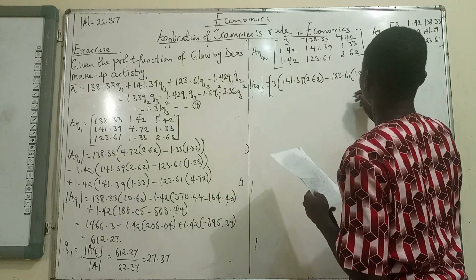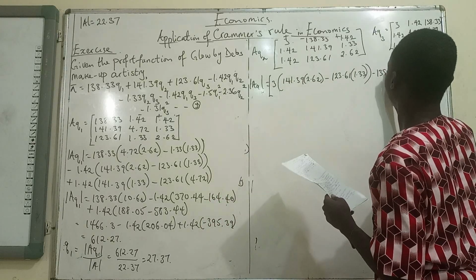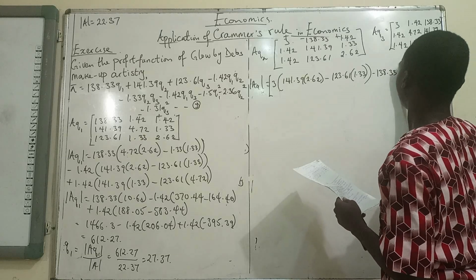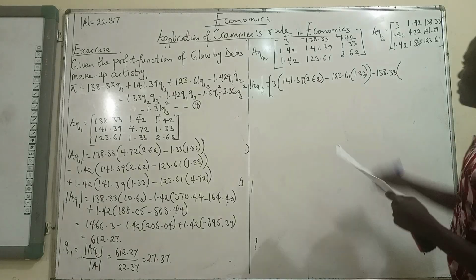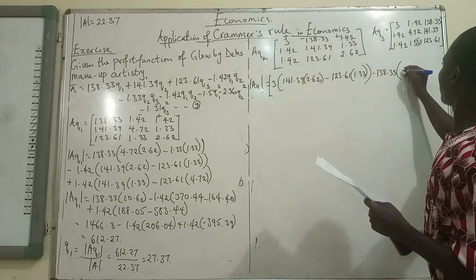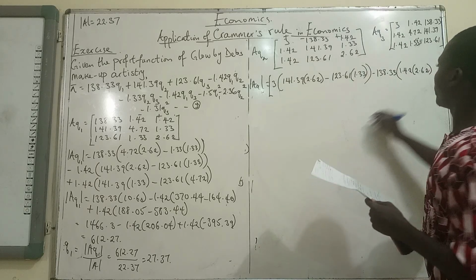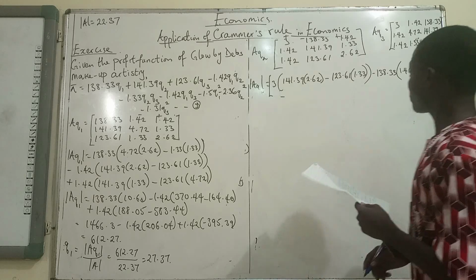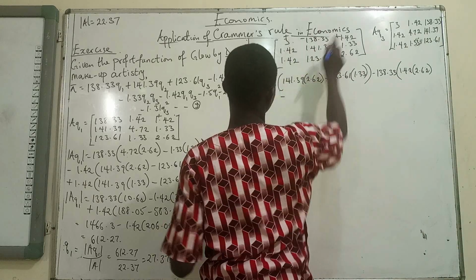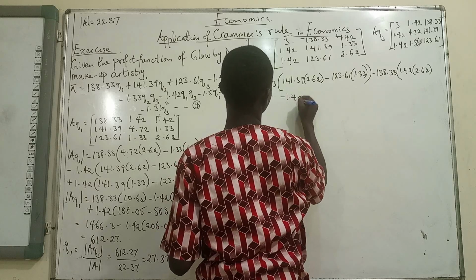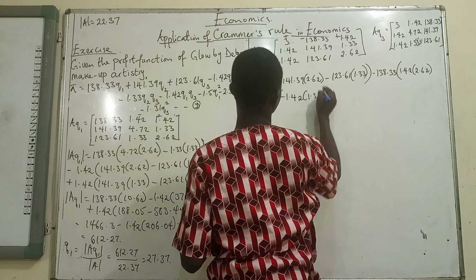Then minus 138.33 into brackets 1.42 times 2.62 minus 1.42 times 1.33, right?